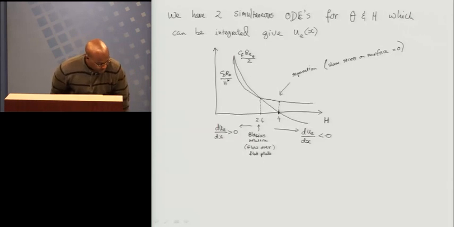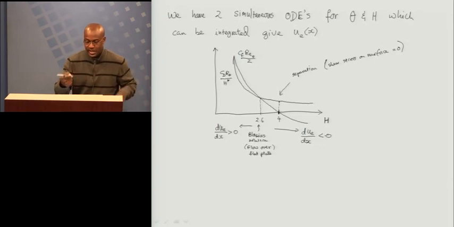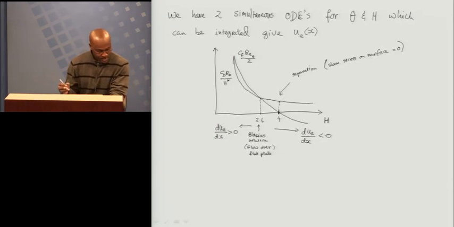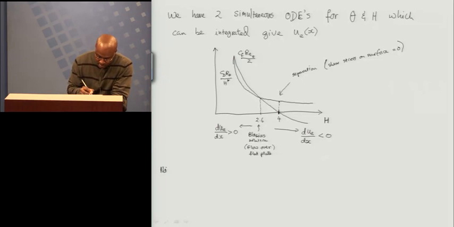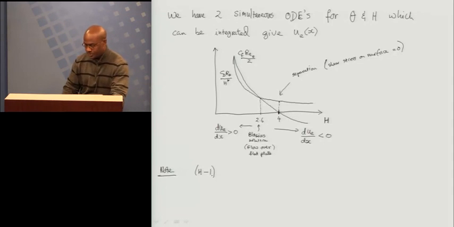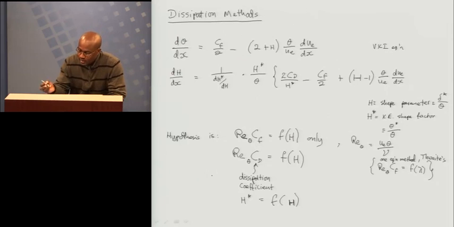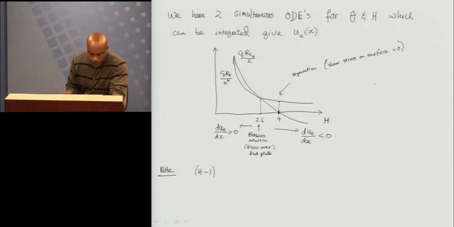All right, one of the things we should note by looking at the simultaneous equations that we have to solve is that H minus 1, in this equation, multiplies our pressure term.